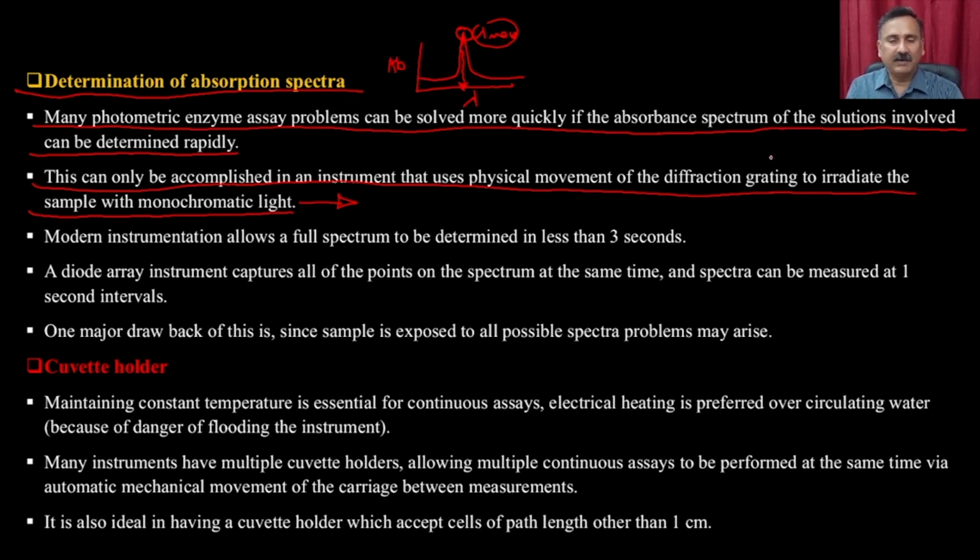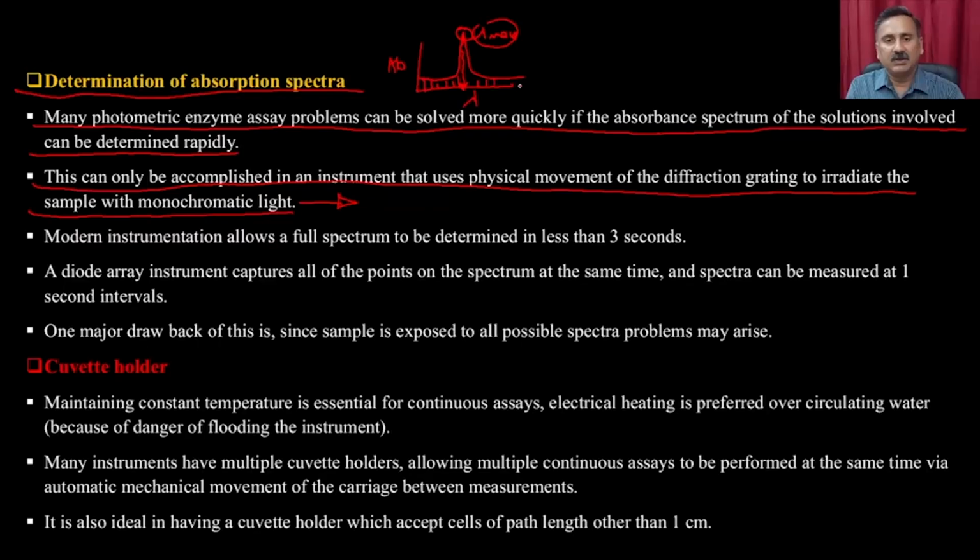If you have an instrument where the diffraction grating can very precisely move around to different positions, it can illuminate the sample with monochromatic light of different wavelengths, and give you a very precise value for the lambda max. That's how it helps you decide what lambda max to use for the detection purpose.